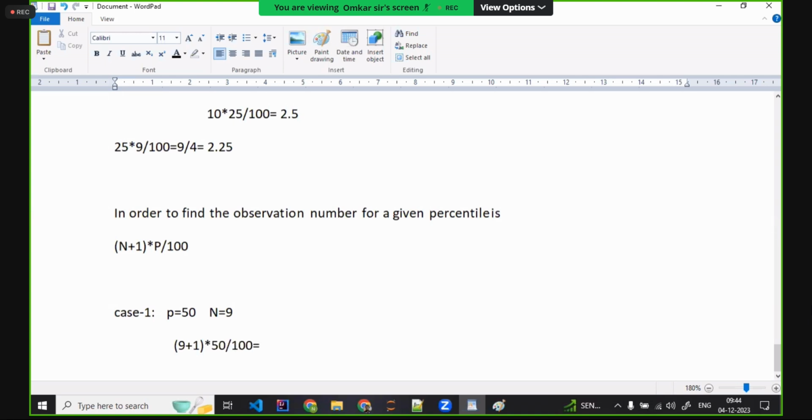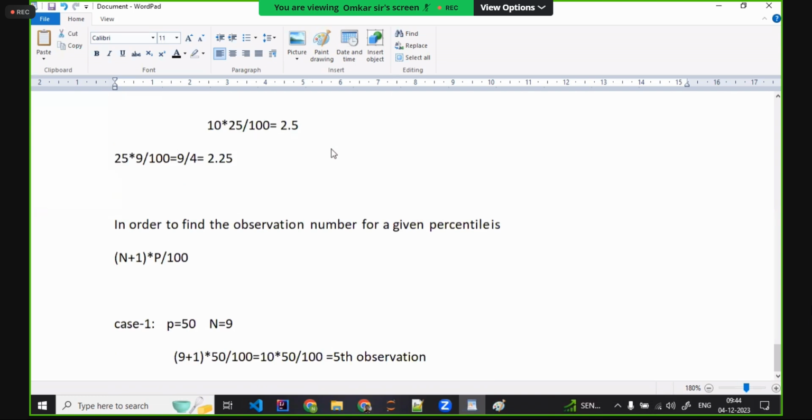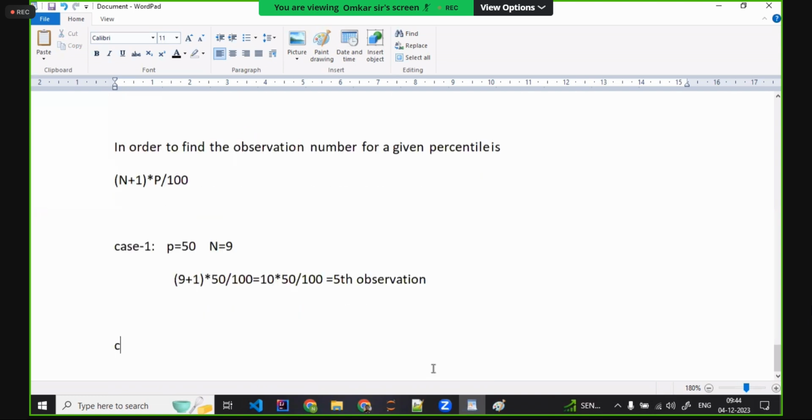So 10 into 50 by 100 is equal to the fifth observation. It will give the location. 5 is nothing but the fifth observation. So the fifth observation value is 2054. So 2054 is your median value. You agree with that, correct?